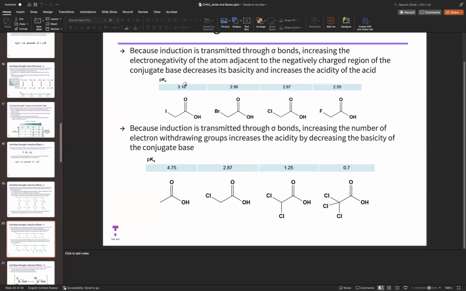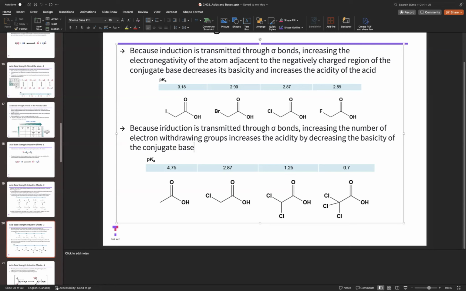Now here, this last compound would be called 2-fluoroethanoic acid versus 2-chloroethanoic acid, 2-bromoethanoic acid, and 2-iodoethanoic acid. Again, the names do not matter. But this last compound is the strongest acid, the one with fluorine, while the one with iodine is the weakest one.